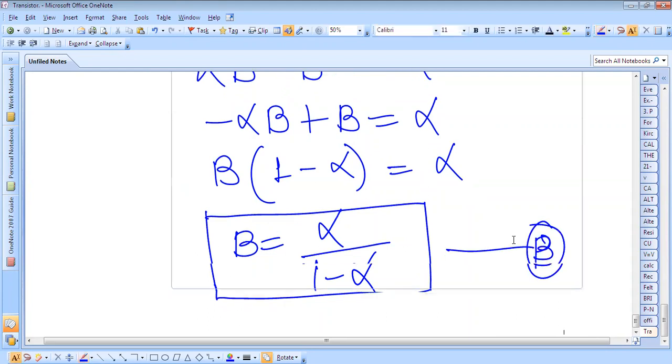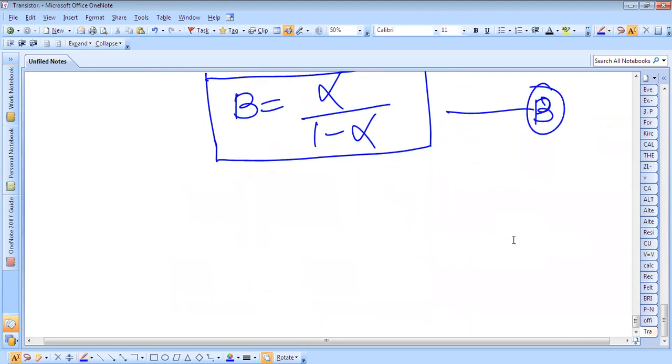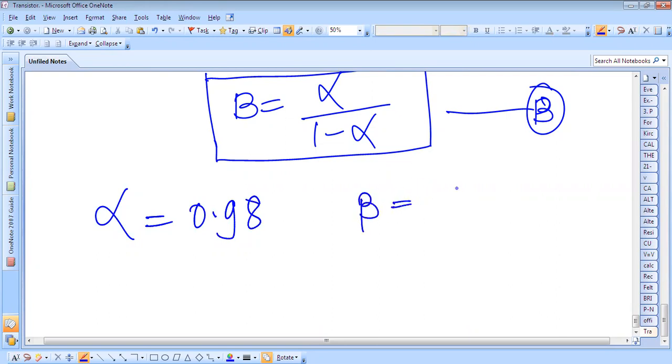Suppose alpha is equal to 0.98. If you put it here, then we'll get beta is equal to 49. If you substitute this value in the above equation, we'll get beta equal to 49.